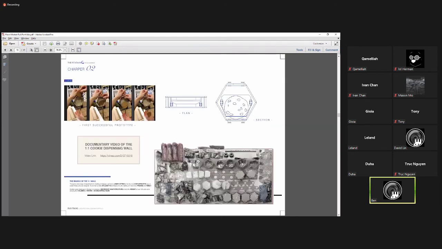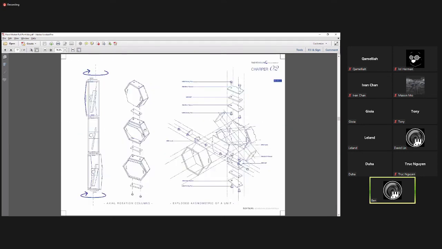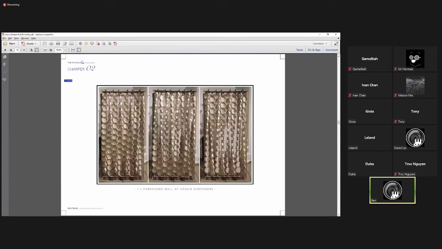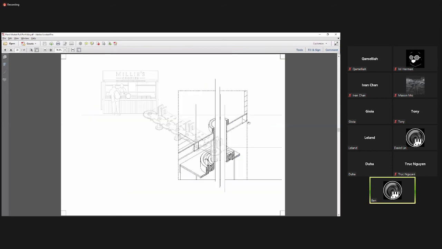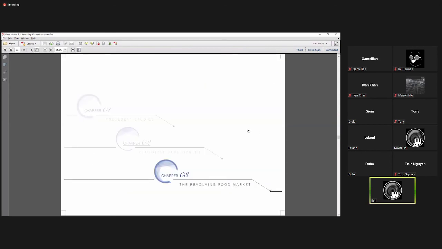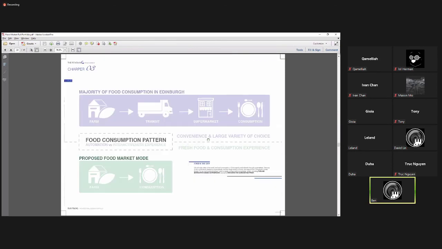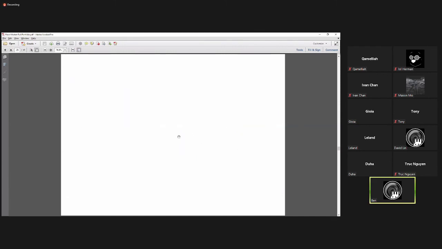We actually built 100 units into a wall, into this kind of mechanical facade. So the cladding is kinetic, the panel walls are kinetic, and these become bigger and bigger components and then eventually turn into a food market.